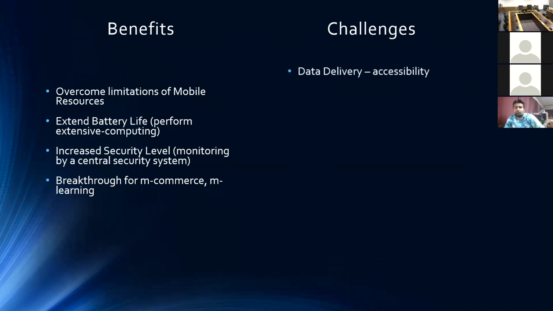Looking at the challenges, first is data delivery and accessibility. Mobile connections are not stable at times and depend on your location, so data delivery becomes a challenge. Task division: there is no particular algorithm for multitasking threads, and future work is going on so that tasks can be divided, providing elasticity.